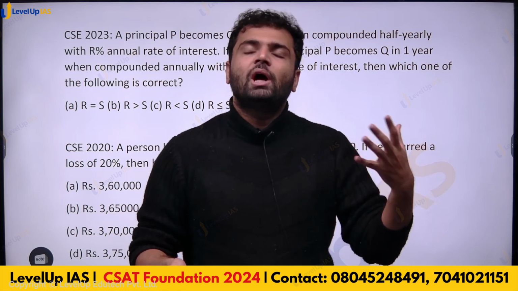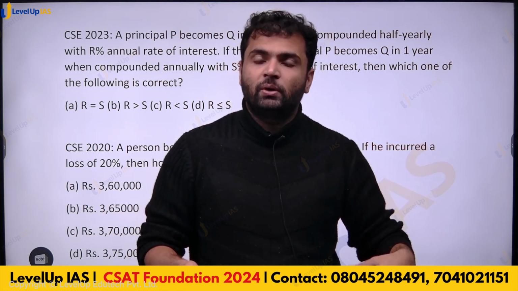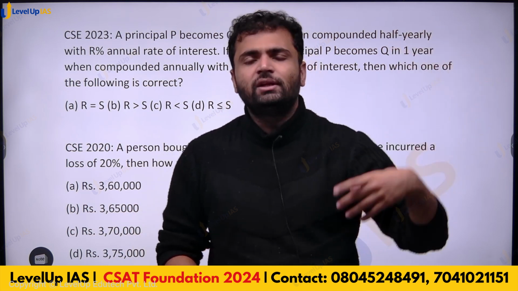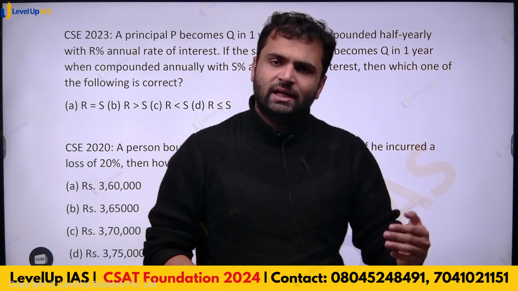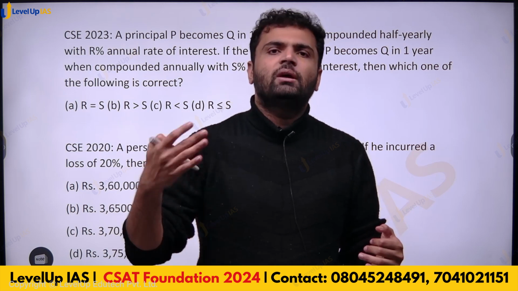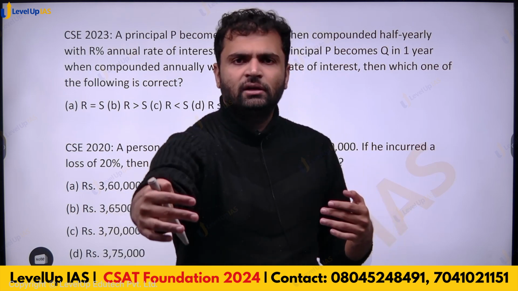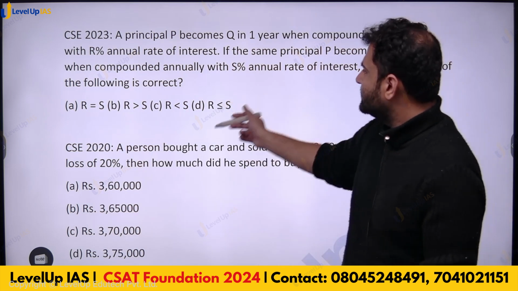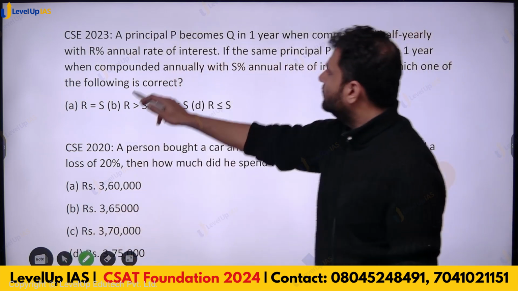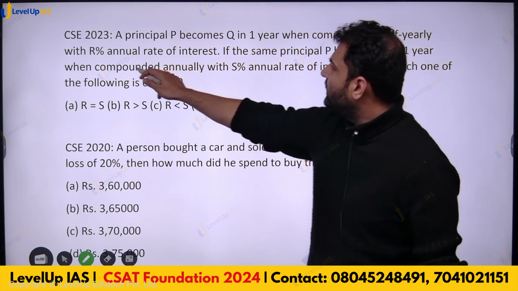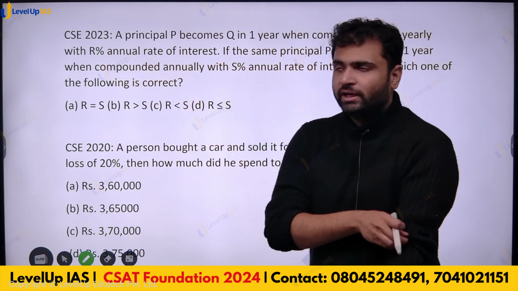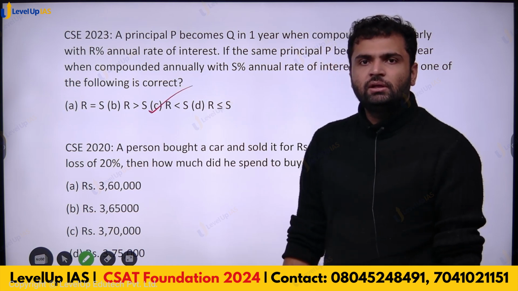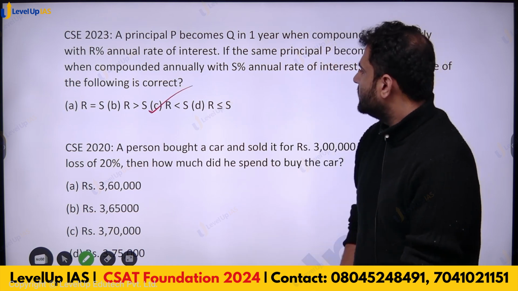So if you have semi-annual compounding, you will need a lower interest rate to reach the same destination. You can reach the same destination with an even lesser interest rate. But for annual compounding, you will need a higher interest rate to reach the same destination. So that is why R has to be less than S. R, which is half yearly with R% annual rate, has to be less than S. That is the answer.